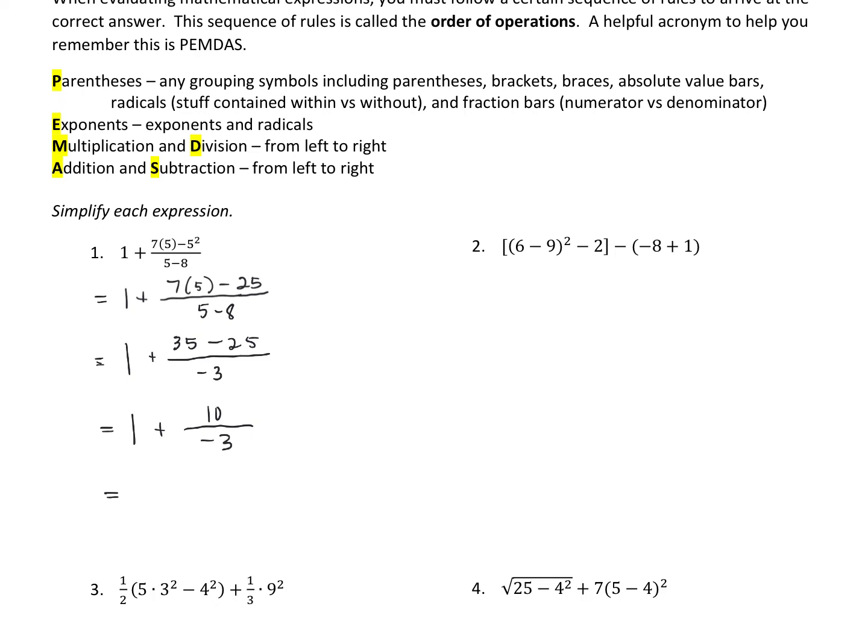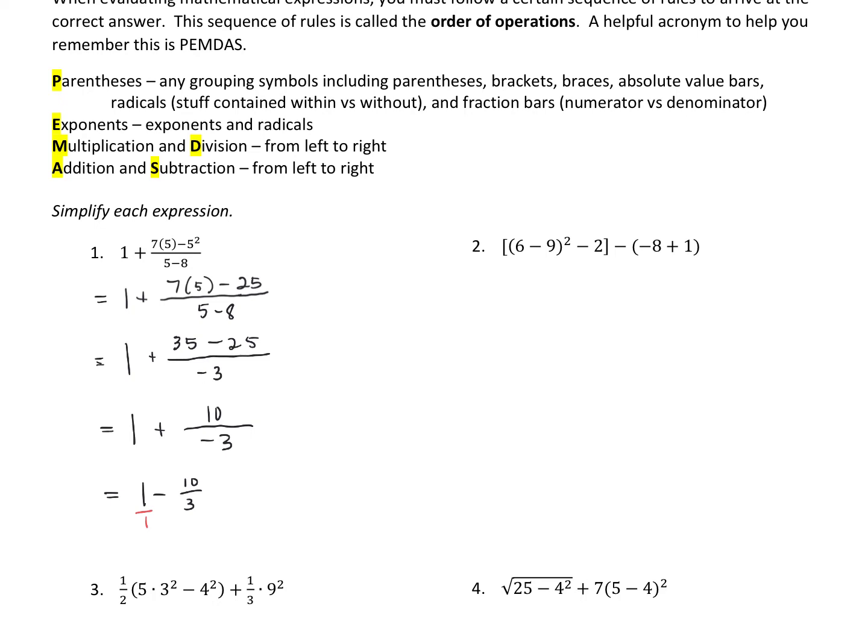So those two signs are going to end up becoming a minus. So this is the same as 1 minus 10/3. Okay? And so now I want to find a common denominator. Remember that any whole number, or really any integer, you can put over 1. So this, I could write 1 as 1 over 1. Because remember, anything divided by 1 is itself.